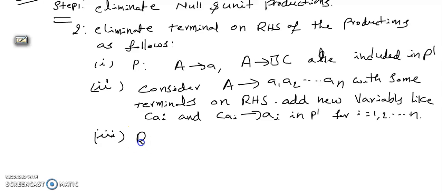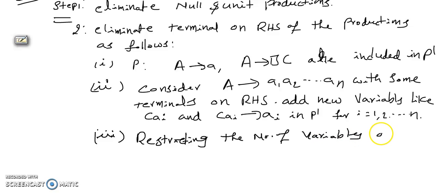We have to restrict the number of variables on the RHS as follows. So we have to restrict some variables on the right hand side.